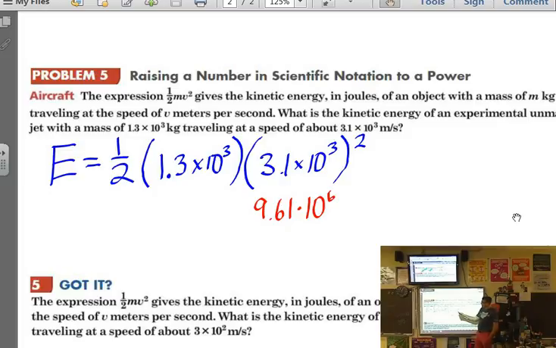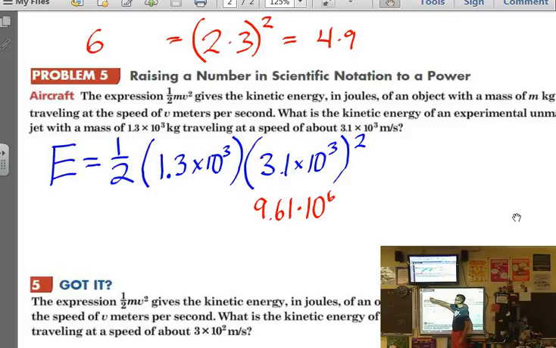And think about if I were to write this out in standard notation, if I did 2 times 3 squared. If I square both the 2 and the 3, that turns into 4 times 9. But if I do the 2 times 3 first, this is 6 squared.